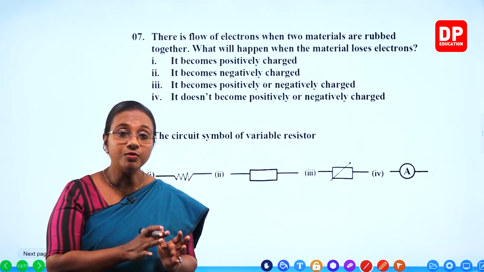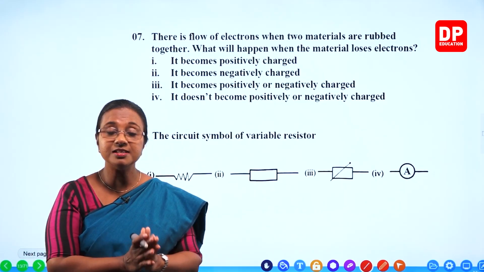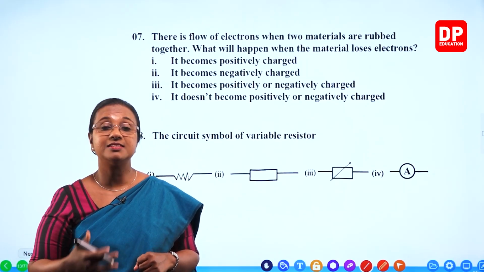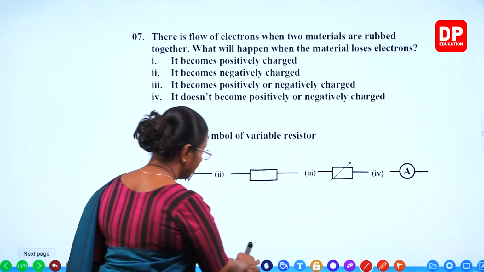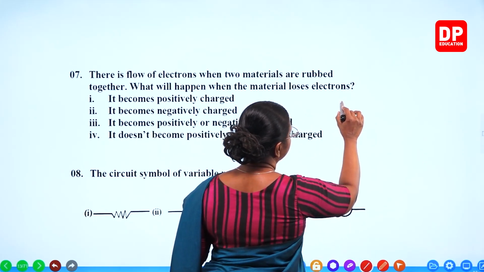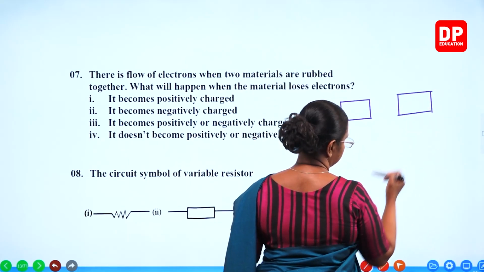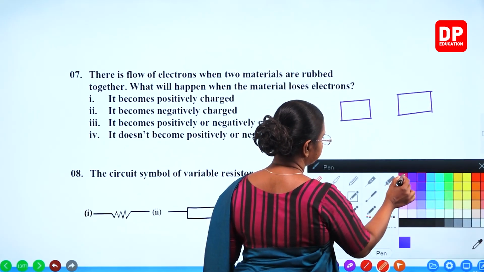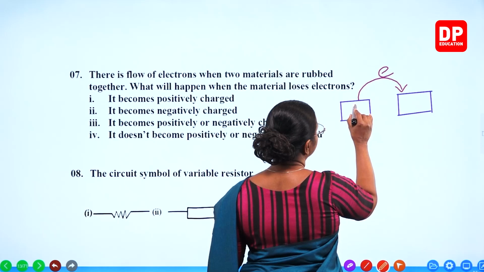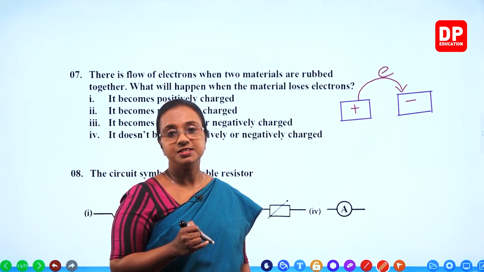But when you rub a particular object with another material, there is transfer of electrons. When electrons flow from one object to the other, the object that loses the electrons gets positively charged, and the object that gains the electrons becomes negatively charged. So here, if you have two objects and electrons go from here to here, then of course this will become positively charged, that will become negatively charged.